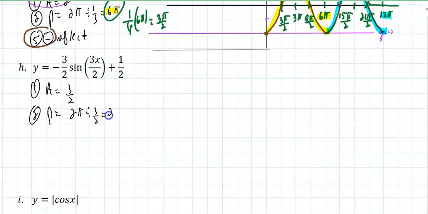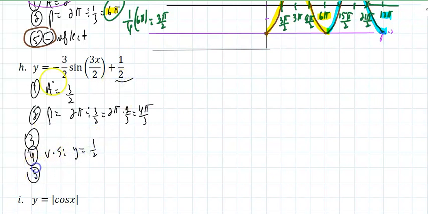So if I multiply by the reciprocal, the period is 4 pi over 3. 3. None. 4. We have a vertical shift of y equal 1/2, and it's right there. And 5, I noticed that that's negative, so you reflect.